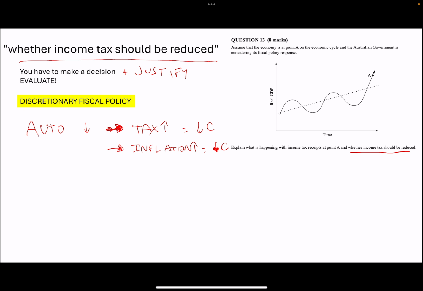So the automatic stabilisers tend to work quite well at this point. The question here is, in discretionary fiscal policy, if we reduce income tax rates, if we reduce tax rates, what would be the effect on the business cycle?